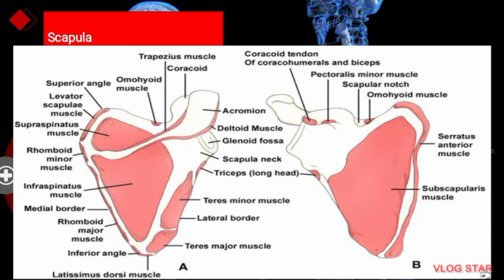Flat triangular bone overlapping second to seventh rib. Where is this situated? Upper part of posterior lateral chest wall. Just say with me, and let's see this structure.